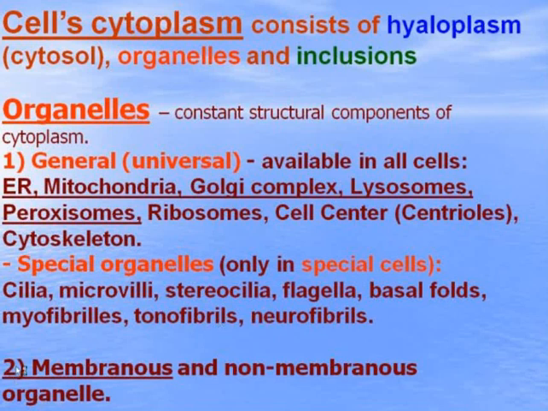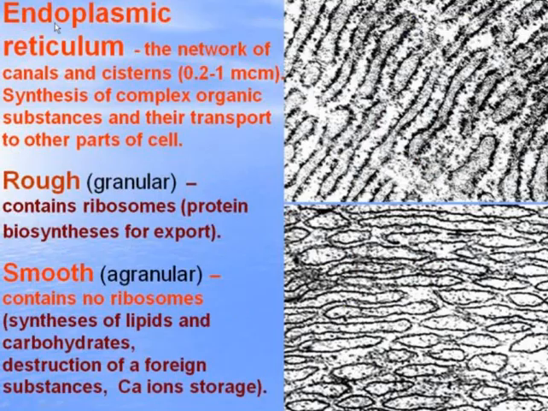And another classification: organelles grouped into membranous and non-membranous organelles. And the first organelle of general meaning, a membranous organelle, we will discuss is the endoplasmic reticulum.